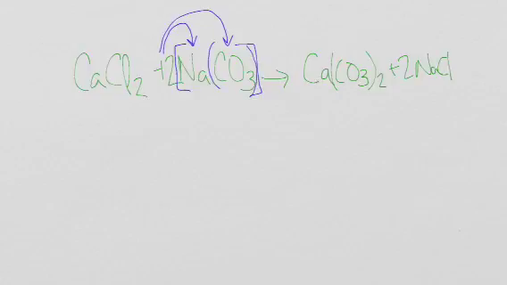CO3 is what we call a polyatomic ion, and it's a molecule, but in its natural state, it's quite stable as it is. So you'll notice when I balance this equation, there was no bracket of CO3 on this side, but all of a sudden there's a bracket on the other side.